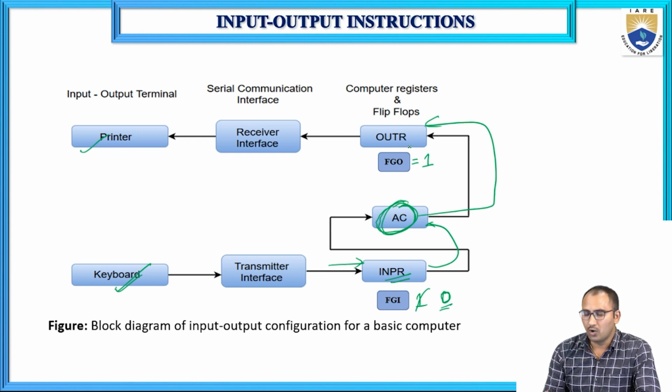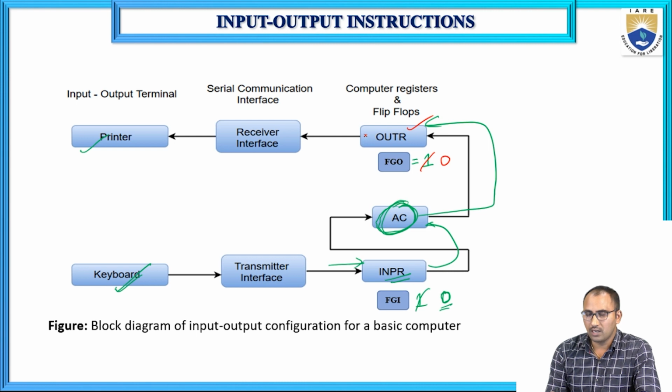Whenever the output register is loaded with some information, then FGO will become 0.